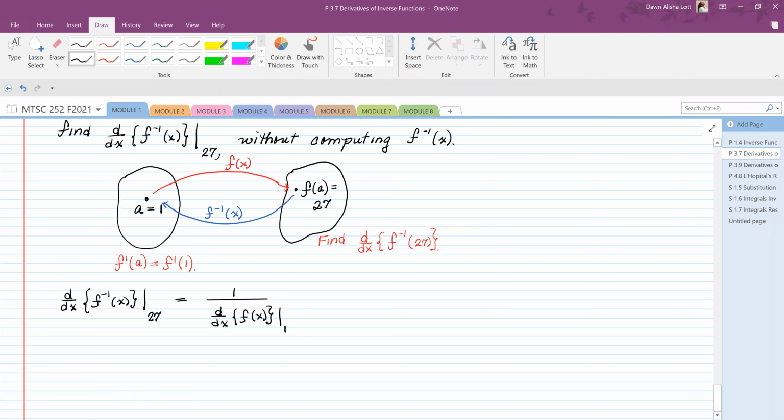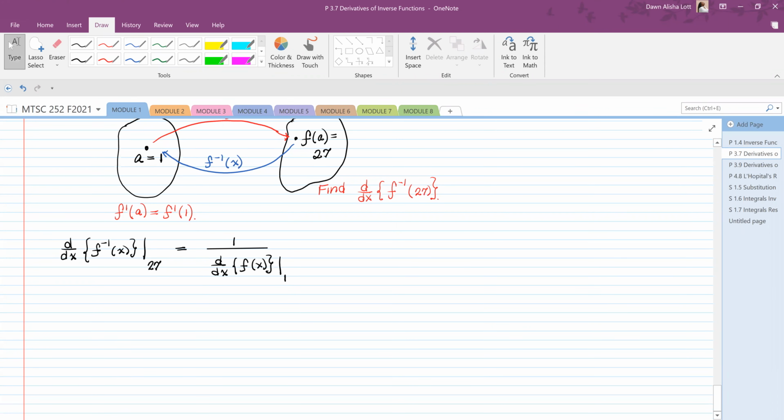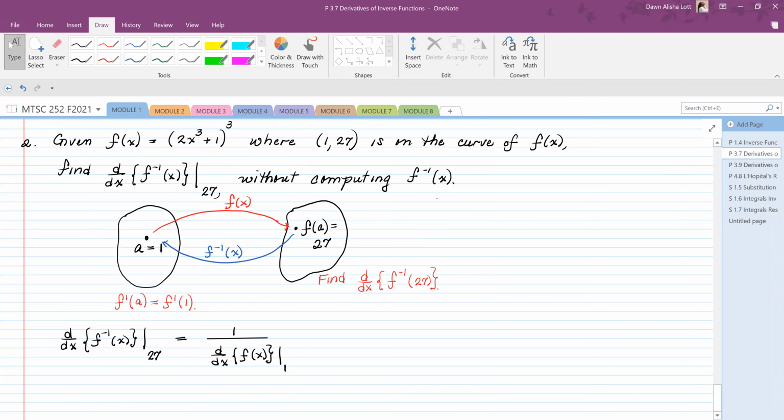So all I need to compute is f prime at 1. Okay, so that's pretty easy.